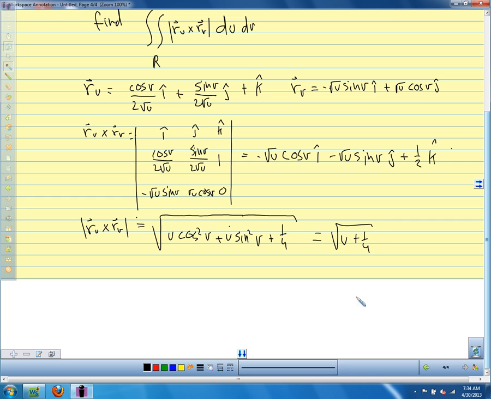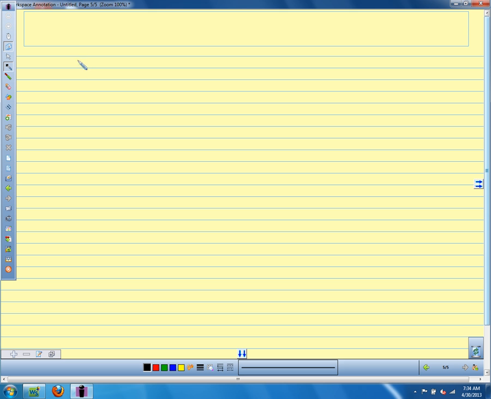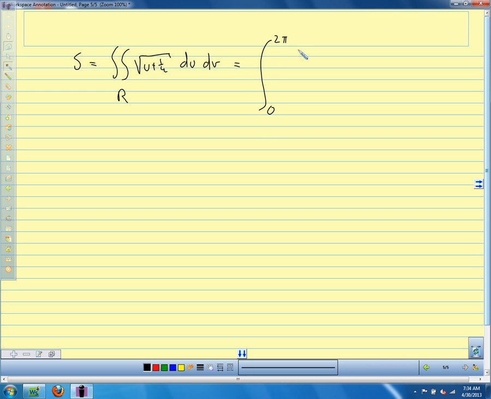So now we can write our double integral. Our surface area is the integral over our region of the square root of u plus 1/4 du dv. Our limits are nice and easy: 0 to 2 pi, 0 to 4, of the square root of u plus 1/4 du dv.